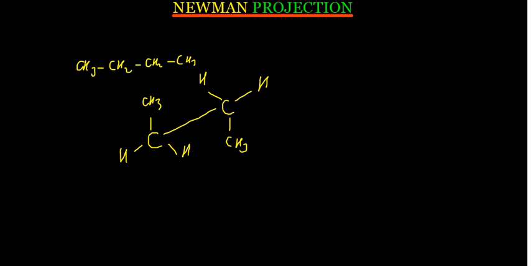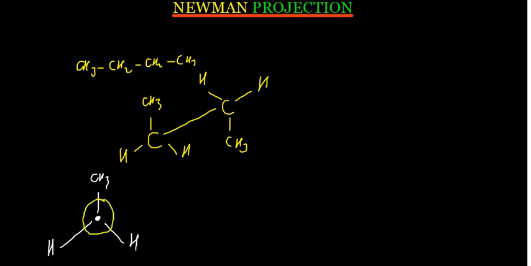So in such a case as this one which I've written, we are going to have first this carbon. We have got a methyl group on top. We have got a hydrogen this side, another hydrogen this side. And then the others are going to be behind.